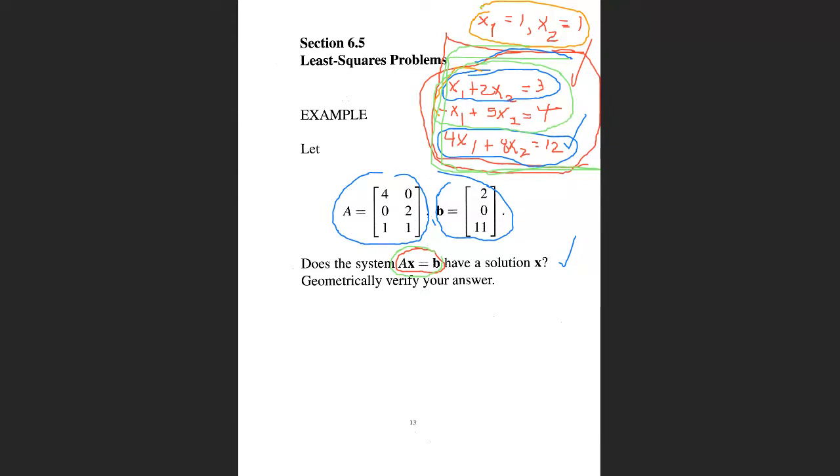We do have a solution: X1 equals 1, X2 equals 1. But generally, when students see more equations than unknowns, they think there can't be a solution possible. And usually they're right, but it doesn't have to be that way.